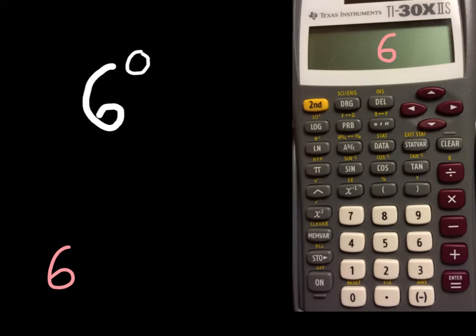And the next thing that we tap is the hat sign, which is right there. Then the next thing we type in is a 0, which is right there. And on your calculator screen, you'll see a 0.